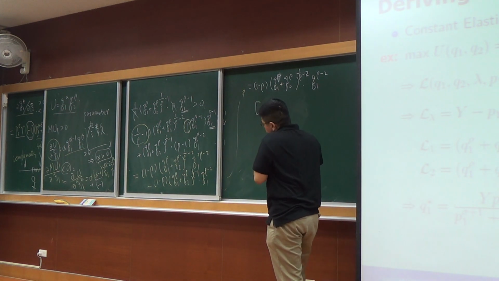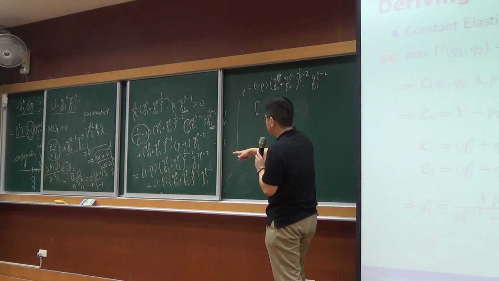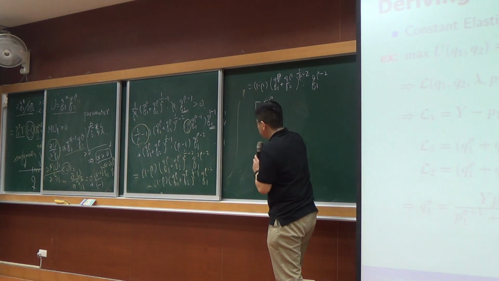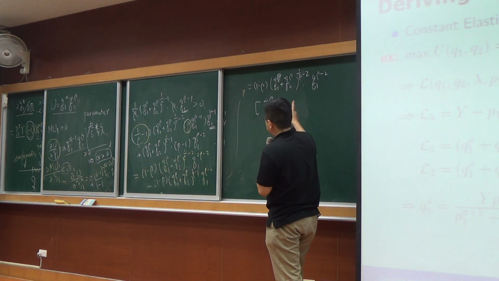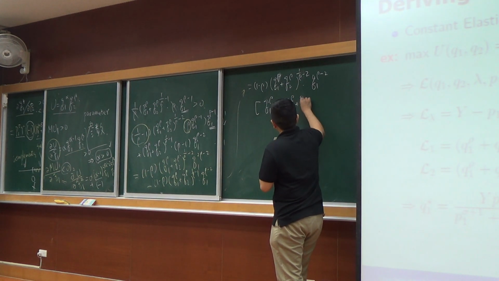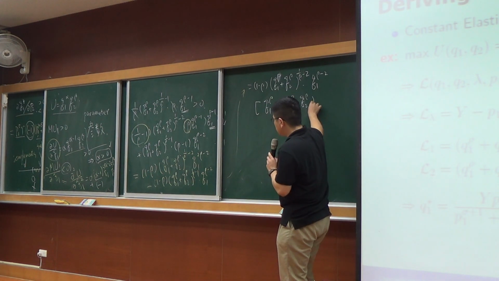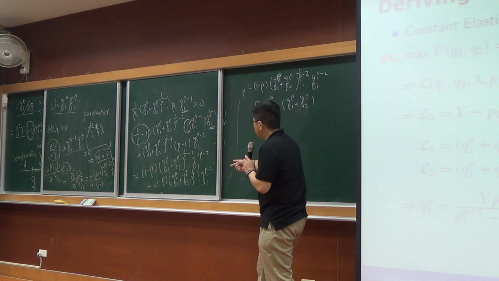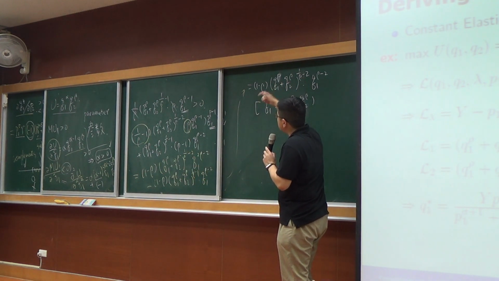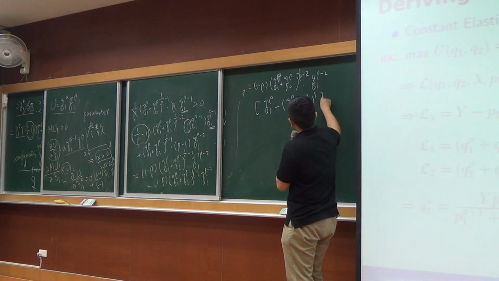Then we will have Q1 rho minus Q1 rho, Q2 rho to the power of, because we have already taken out 1 over rho minus 1. So 1 over rho minus 2, so it's a power of 1 here.